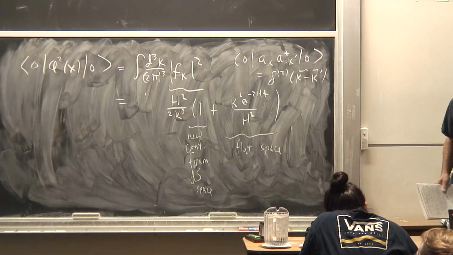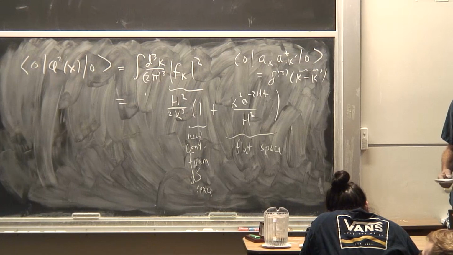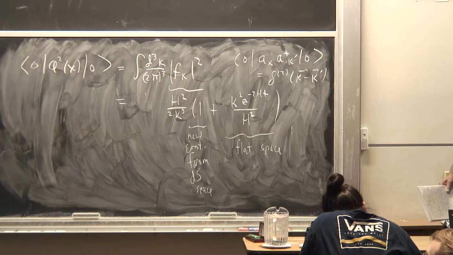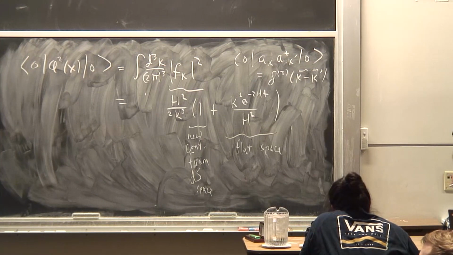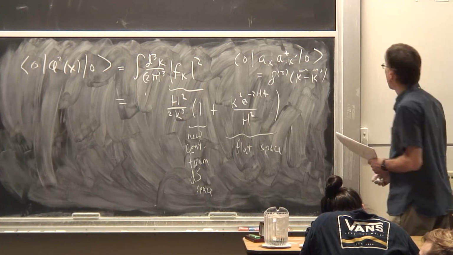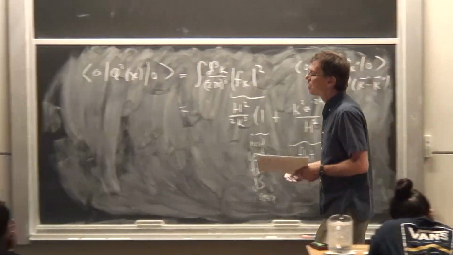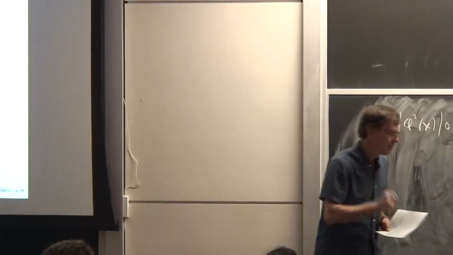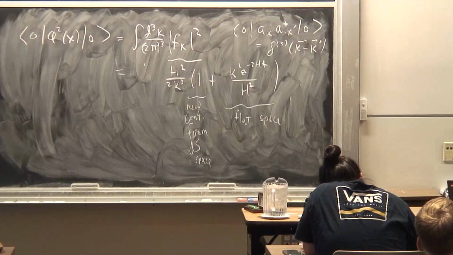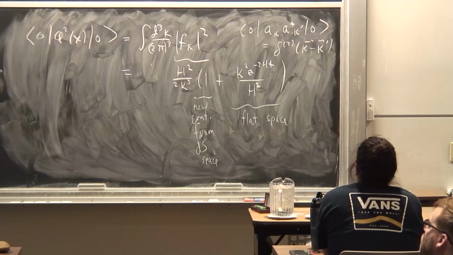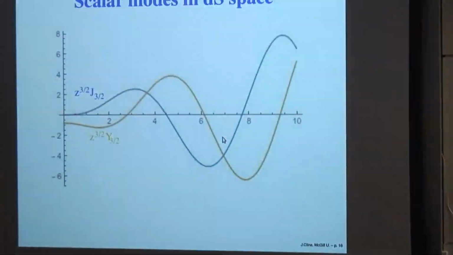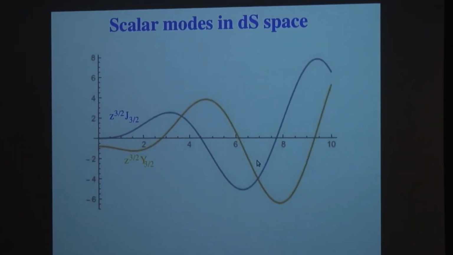And this is a picture of these de Sitter modes. It's showing that these modes are frozen after horizon crossing. For z greater than 1, these modes are oscillating. For z less than 1, they're freezing out to some constant values.